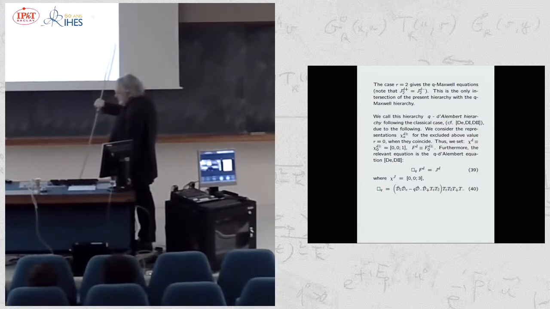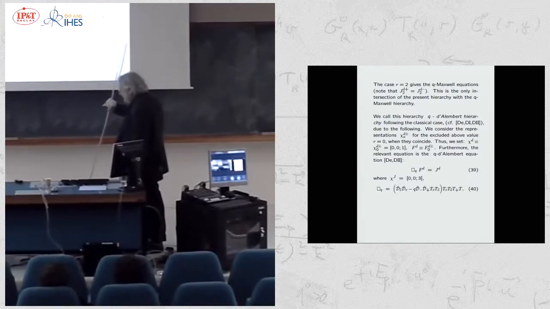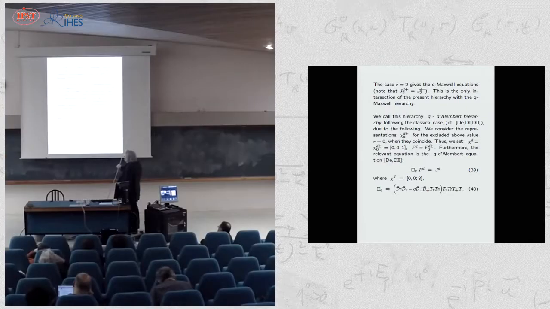This, of course, is in terms of our variables x plus minus, v, v bar, and you can notice that these are really the better variables for the Minkowski space-time, because the equations are written in a more compact way. So this is this q-d'Alembert equation.